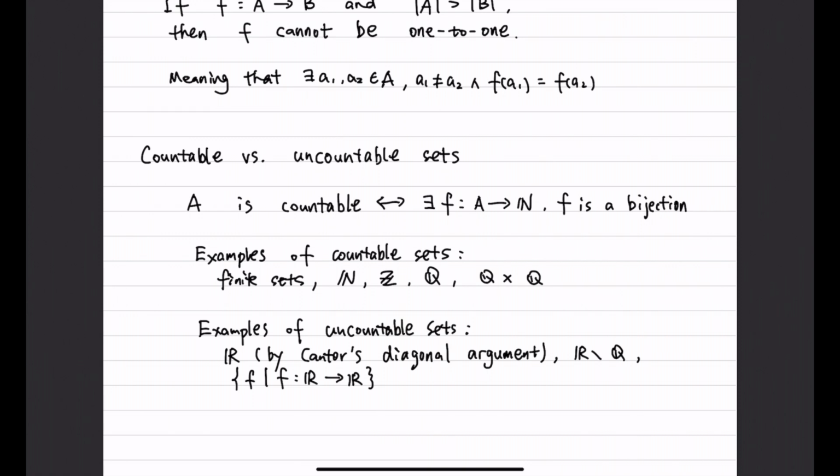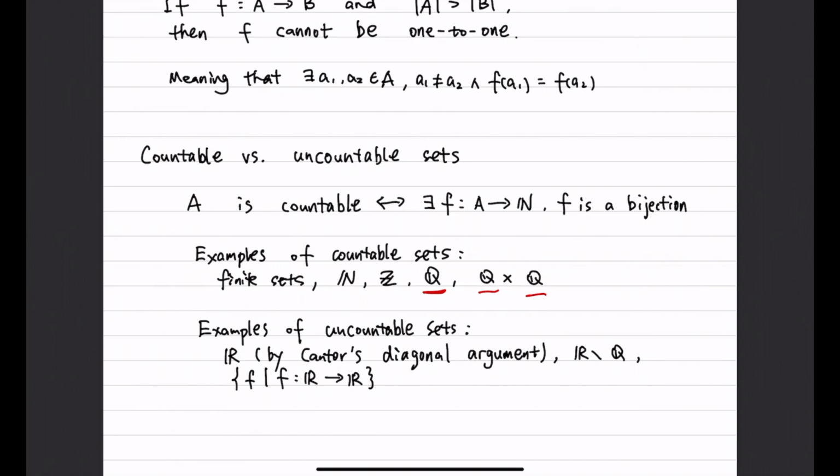Every finite set is countable. The set of natural numbers itself is countable, and the set of integers is countable. The set of rational numbers, denoted by Q, is countable, and so is the Cartesian product of two copies of rational numbers, or two copies of natural numbers or integers.